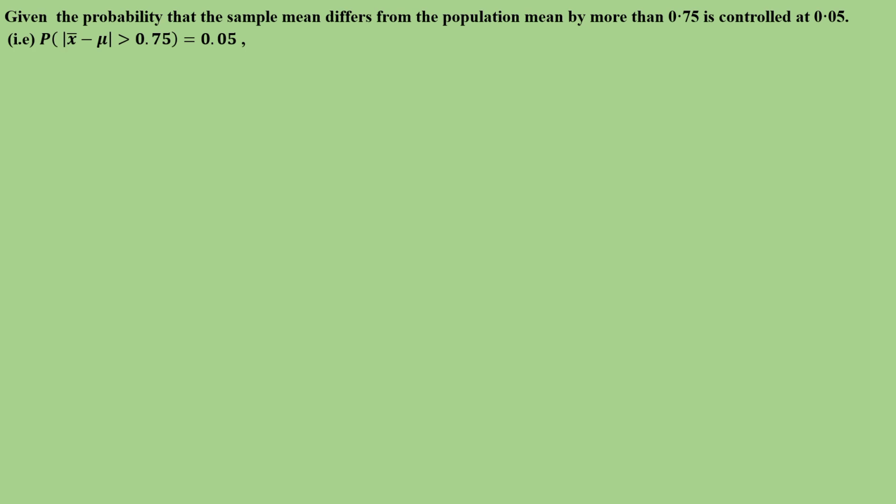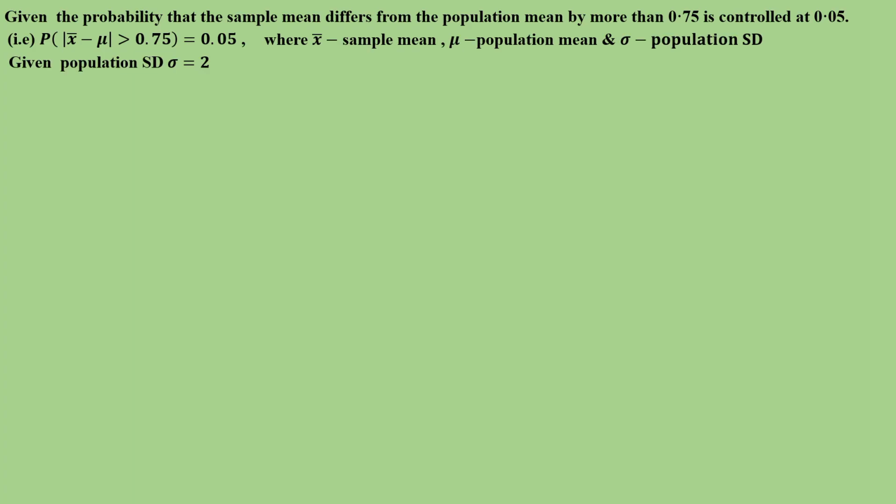That means the probability of the modulus of x bar minus mu, the difference between sample and population mean, being greater than 0.95 is controlled at 5%, that is 0.05. That is what they have given. So given population standard deviation sigma is equal to 2, the probability of modulus x bar minus mu greater than 0.75 is equal to 0.05.